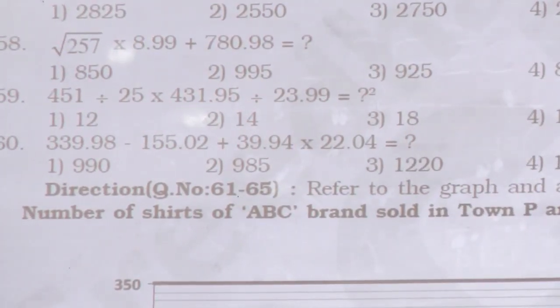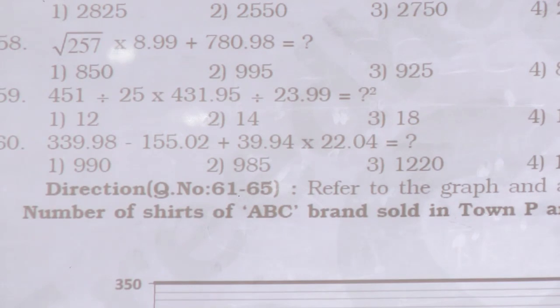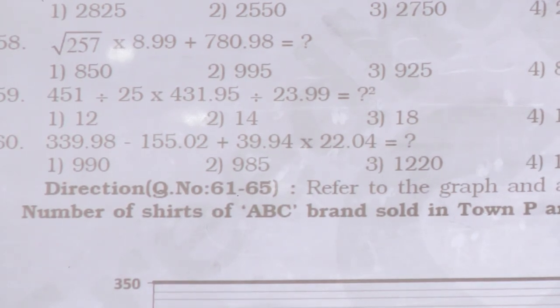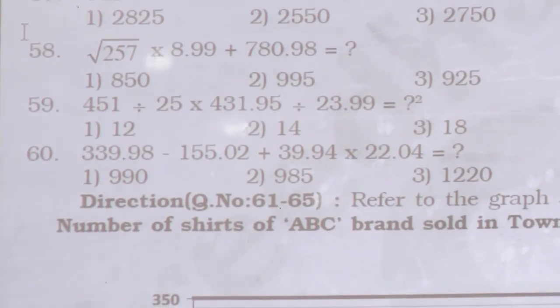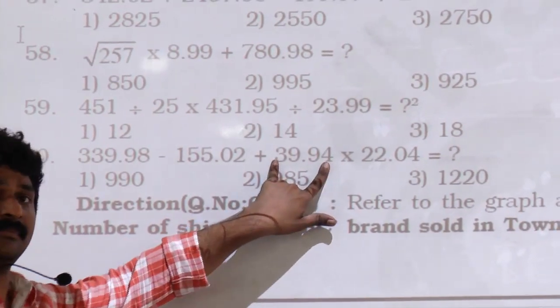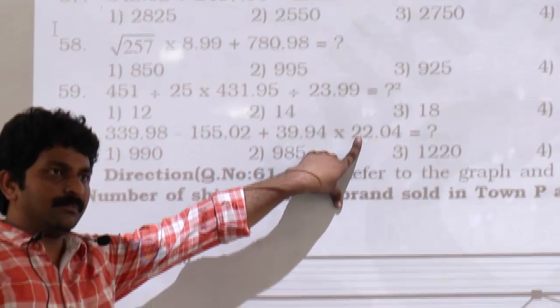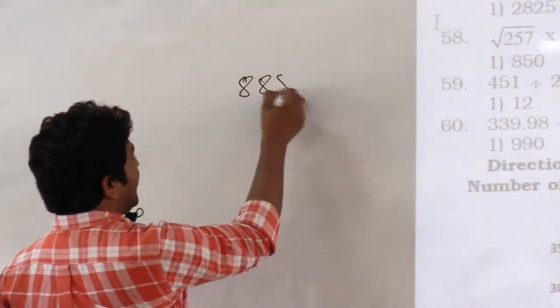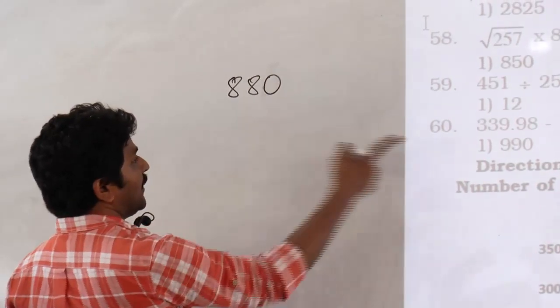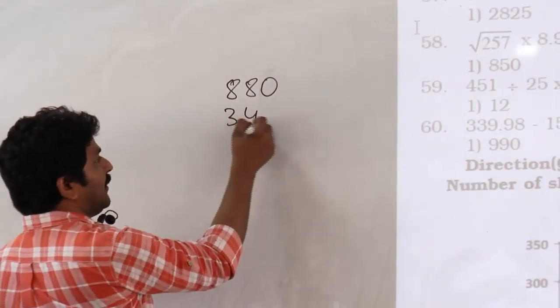Next, 60. 340 minus 115, 55. This is 40 into 22, 880. You have 880 and then 340.